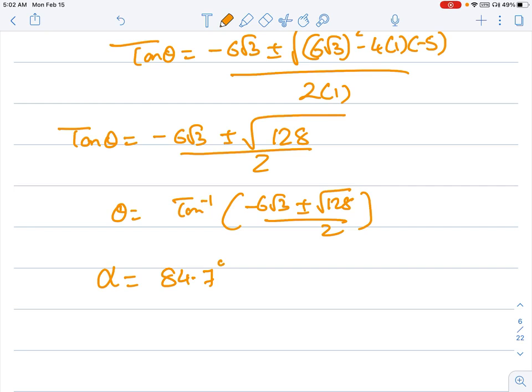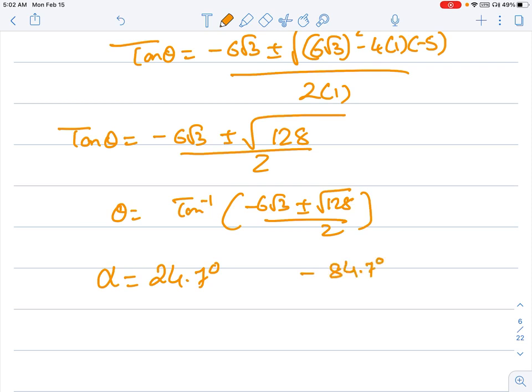So when I take minus 6 root 3, it's not 84.7. So I take it as minus 6 root 3, so I get 24.7 degrees. Next time when I take minus 6 root 3 minus square root 128, I get minus 84.7.